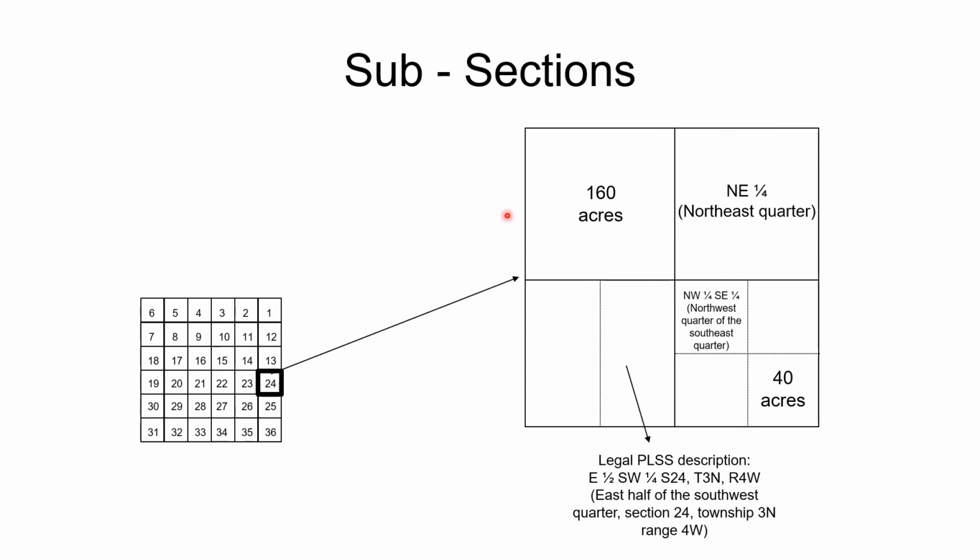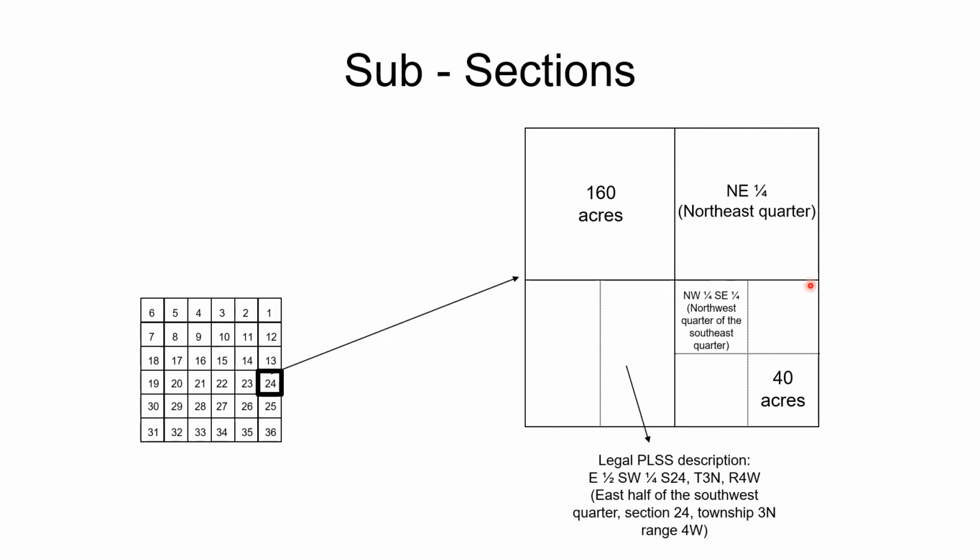Okay, so now when we get down to the level of a section, we're going to blow another section up, blow another parcel up. So now this is a 1 mile by 1 mile section. So subsections, subdivisions within a section are basically labeled as fractions and directions. So for instance, if we divide that section into fourths, each of these fourths is called a quarter.